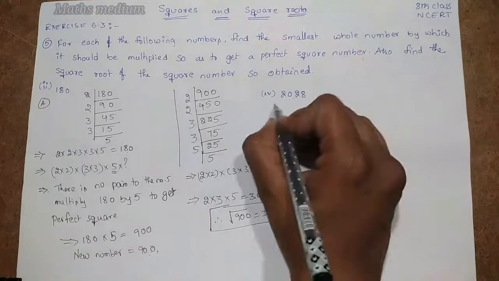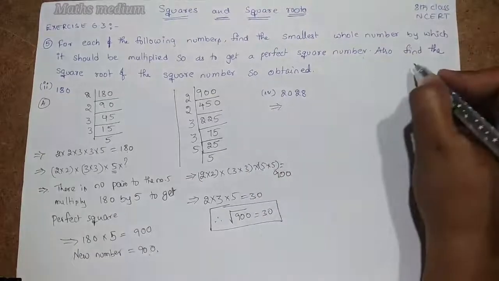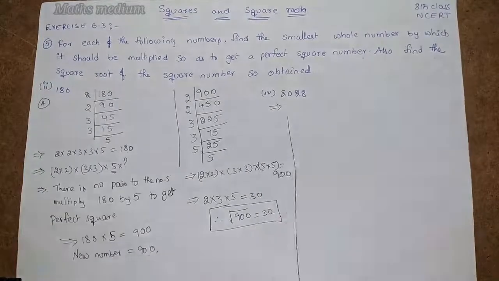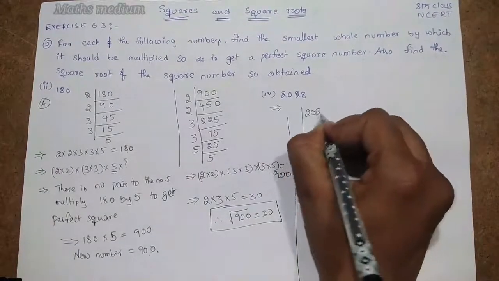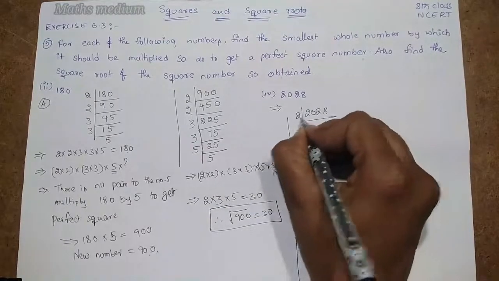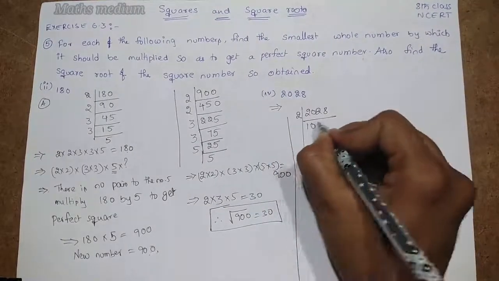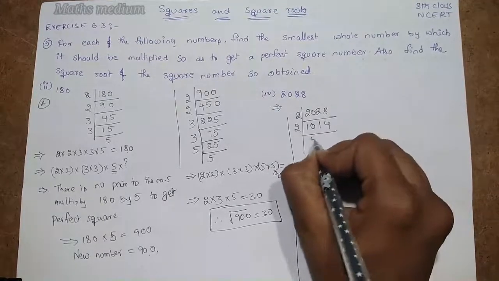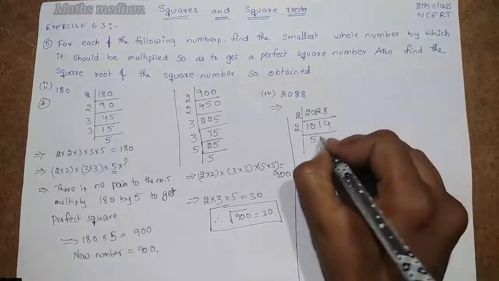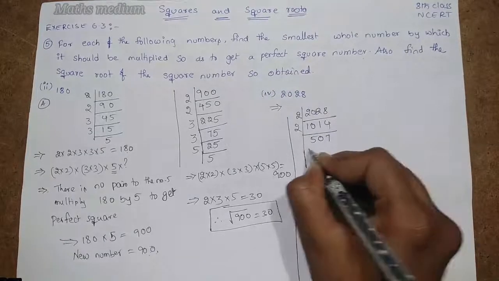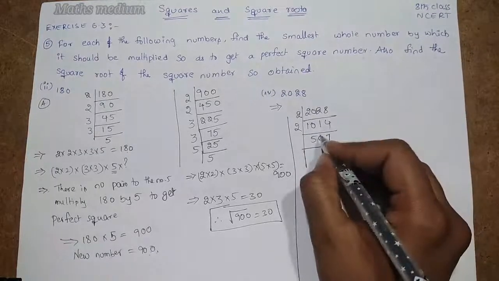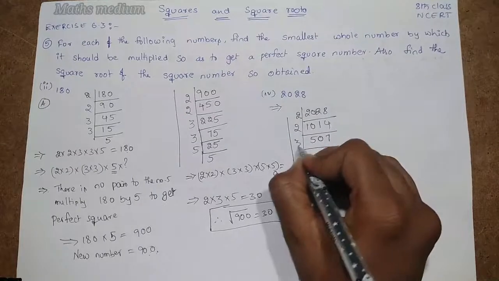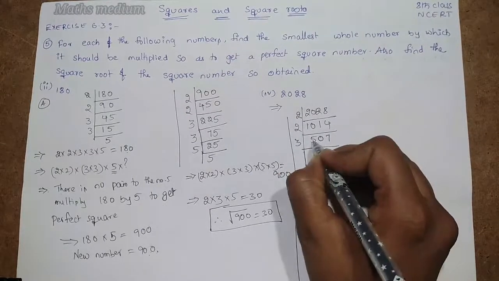Similarly, do this one also. Take the prime factorization of 2028. Divide by 2: 2 ones are 2, 0. Again 2 ones are 2, 2 fours are 8, 2 fives are 10, and 2 sevens are 14. Again, we get division by 3 because 7 plus 5 is 12, which is divisible by 3.